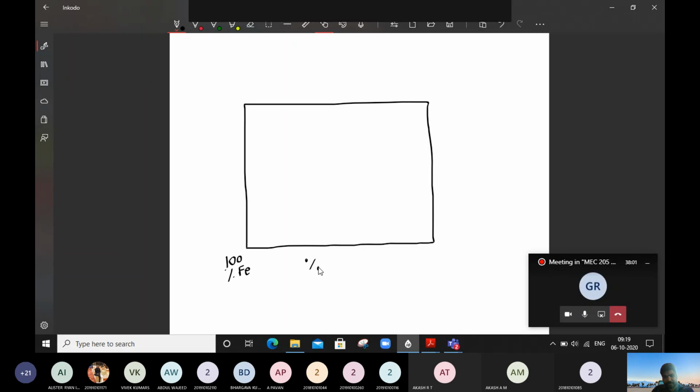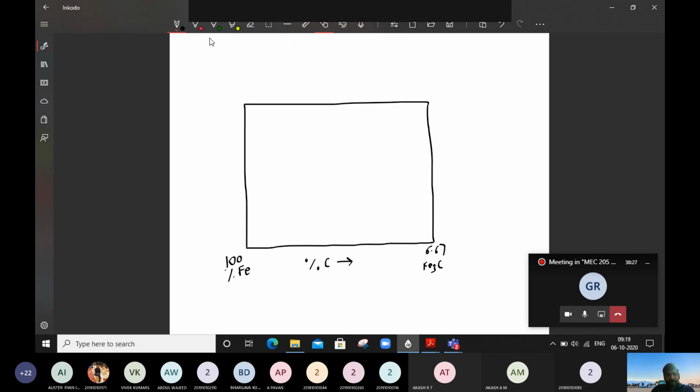Here we have 6.67 percentage of carbon, and that is nothing but Fe3C, that is iron carbide.